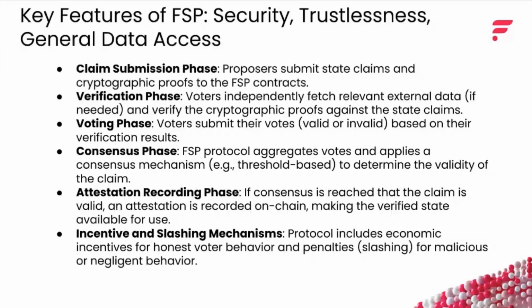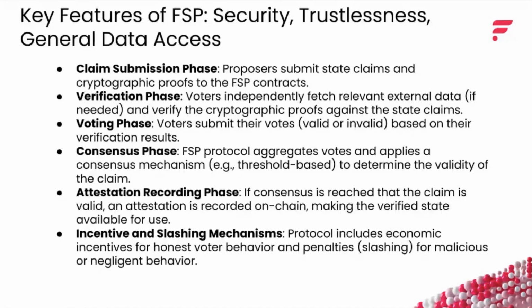So this goes a bit deeper into the key features of FSP. First is the claim submission process. Proposers initiate the process by submitting their state claims and the cryptographic proofs to the FSP smart contracts. Then the verification phase, where you go through verifying the proof, the voting phase, the consensus phase, and the attestation recording phase.